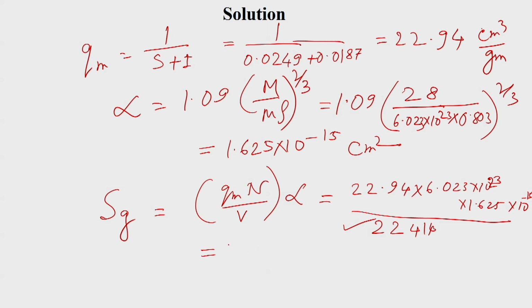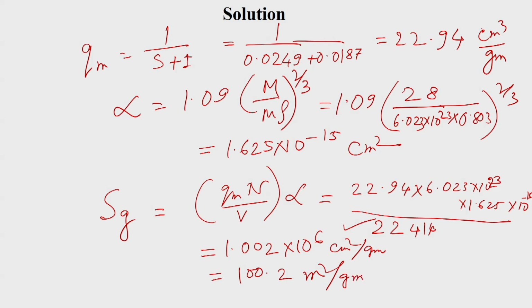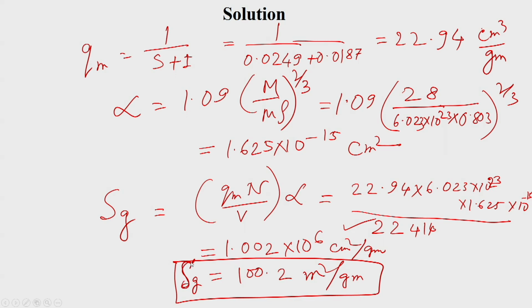That is coming out as 1.002 times 10 to the power 6 centimeter square per gram, or 100.2 meter square per gram. So this Sg, the specific surface area, is 100.2 meter square per gram.